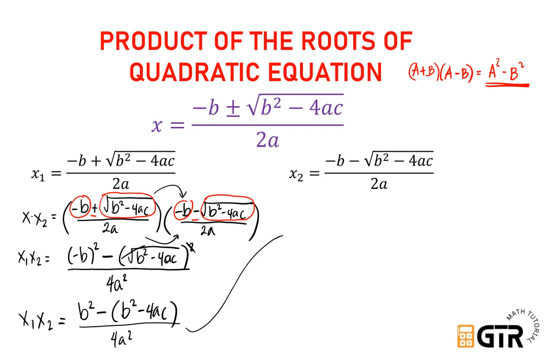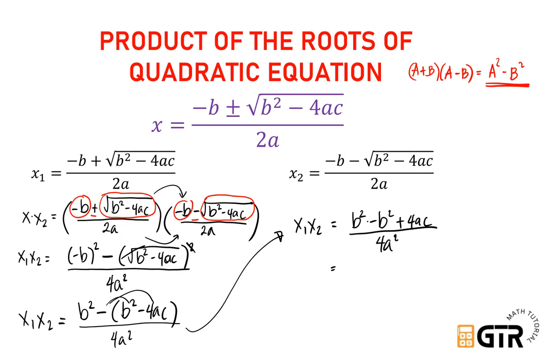So x sub 1 times x sub 2 is equal to, let's distribute the negative sign: b squared, then negative b squared, and negative of negative 4ac becomes positive 4ac, all over 4a squared.